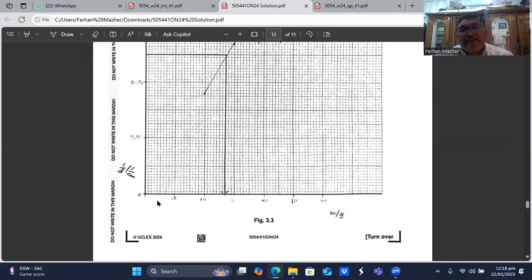So here on the x-axis, we are going to represent the mass. 2 centimeters represent 10 grams, then after 2 centimeters, 20 grams, then 30, 40, 50, and 60 grams.